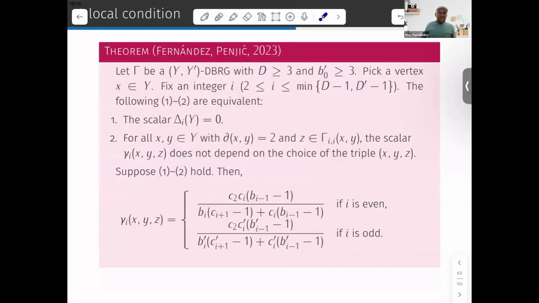This has a combinatorial interpretation that I will skip for now. But what we prove is that the scalar delta_i is 0 if and only if the scalar gamma_i that we would like to compute is invariant, and does not depend on the choice of the triple x, y, and z.